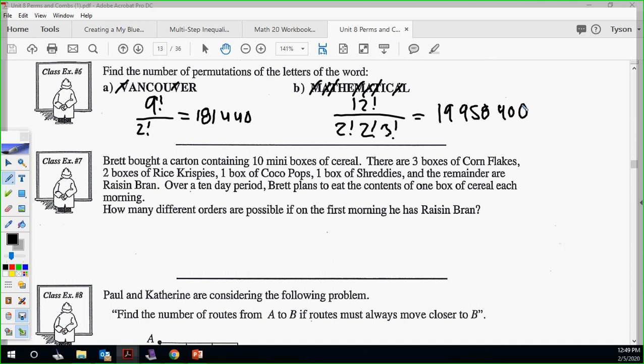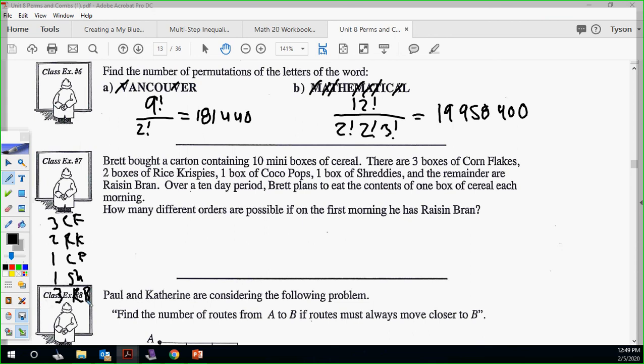So the first thing we can do to help you here is figure out how many of each there are on the side here. So we just need to know what Raisin Bran is. So there's 3 cornflakes, 2 Rice Krispies, 1 Cocoa Pops, 1 Shreddies, and then that leaves me with 3 Raisin Bran.